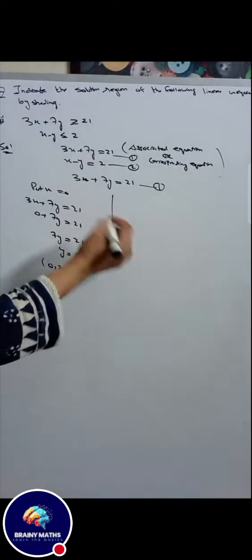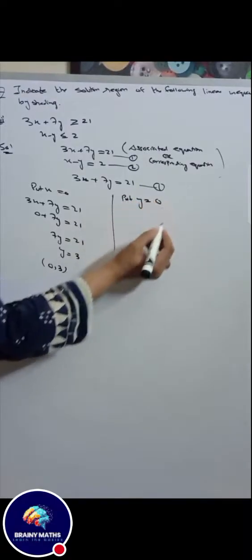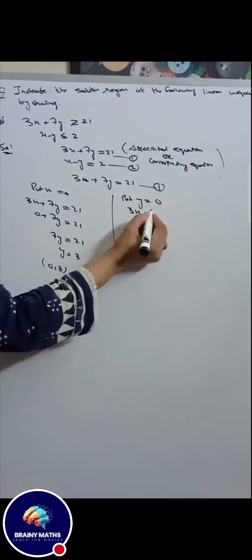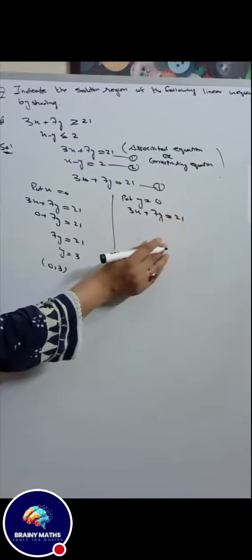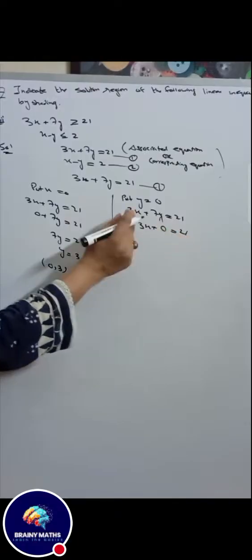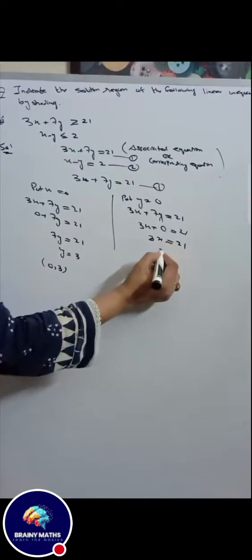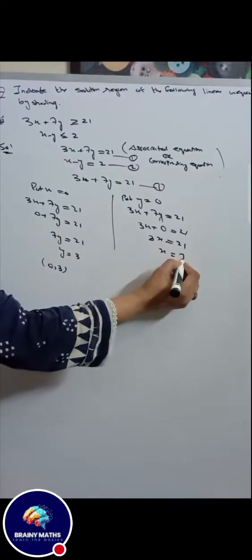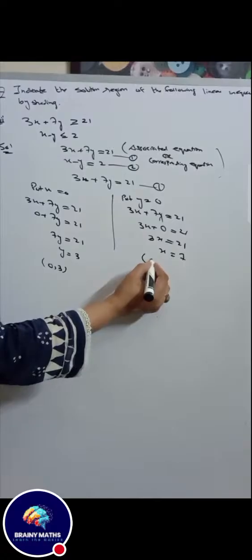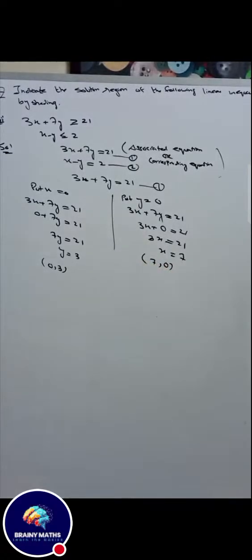Clear? Next, put y equal to 0. 3x + 0 = 21. 0 times 7 is 0. So 3x = 21. x = 21 divided by 3. What is the answer? 7. So x is 7, y is 0. Now we have two ordered pairs, 0, 3 and 7, 0. Alright. Copy to the test point.